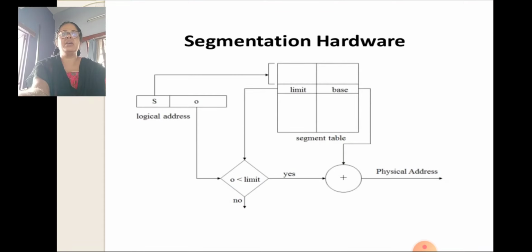Thus, we must define an implementation to map two-dimensional user-defined addresses into a one-dimensional sequence of bytes. This mapping is effected by a segment table. Actually, how is the mapping being done? It is being done with the help of a segment table.